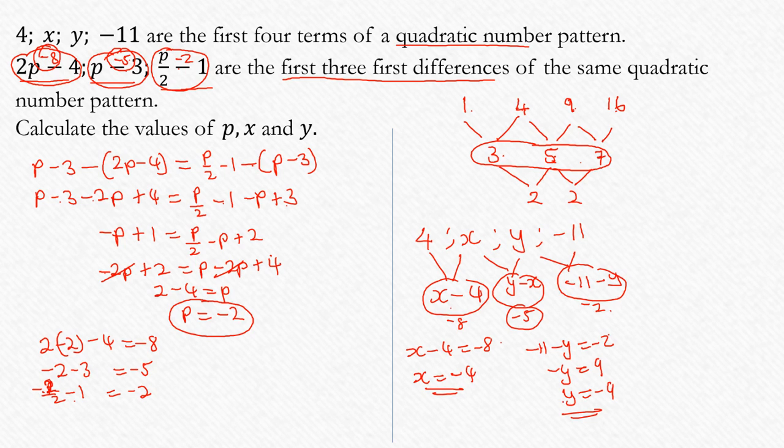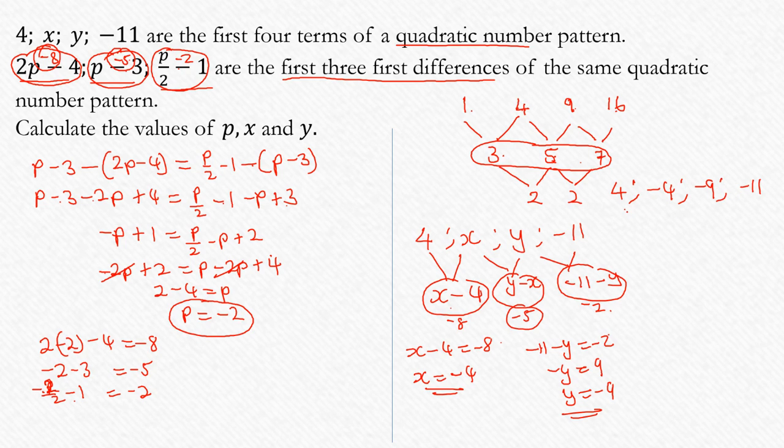Okay, I just want to see if this is really quadratic. Let's put our values there and see if we're going to get this. We're testing our answers. Let's check our answers. So it's 4, and then we said x is negative 4, and then y is negative 9, and then negative 11.